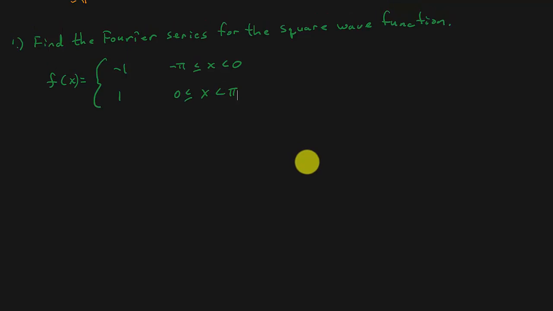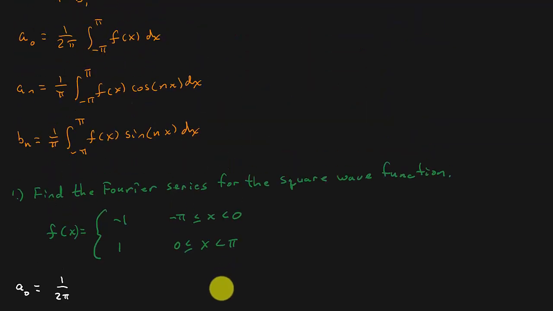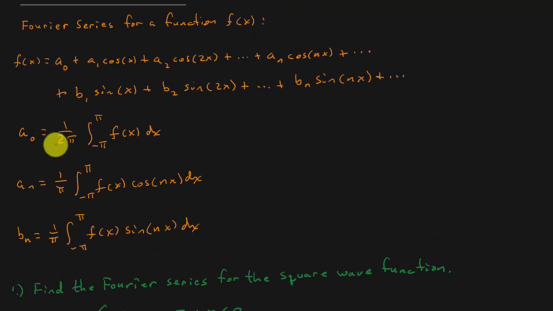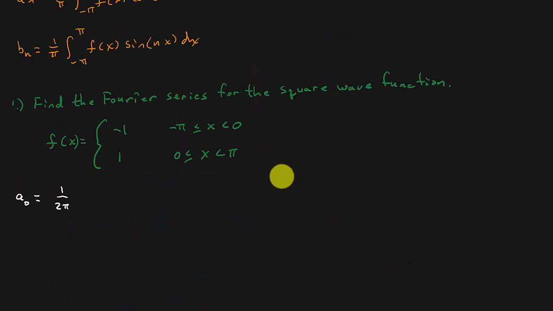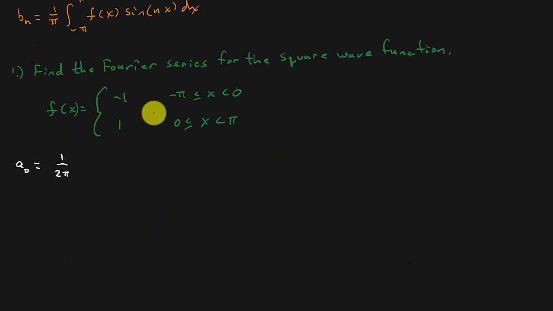All right, so let's go ahead and get started. First, we need to find a0. So a0 is going to be 1 over 2 pi times the integral from negative pi to pi of the function. Now notice how the function changes. From negative pi to 0, it's -1, and from 0 to pi, it's 1.